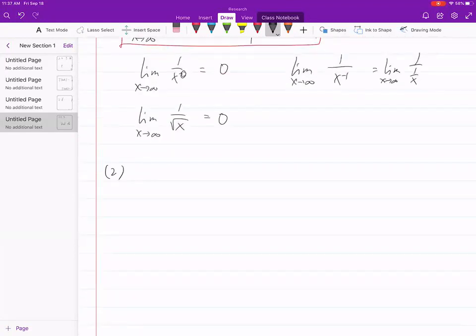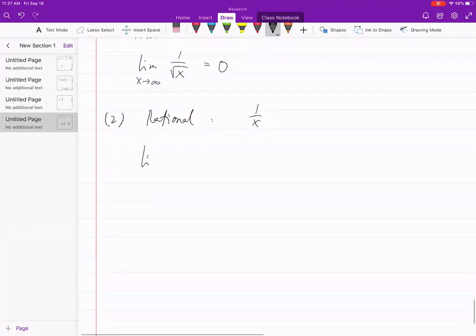Now let's check the harder ones, the rational. We only did this, but the rational is more complicated than that. What's this? How big is the top?